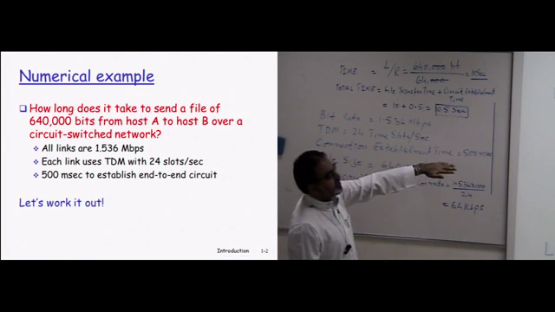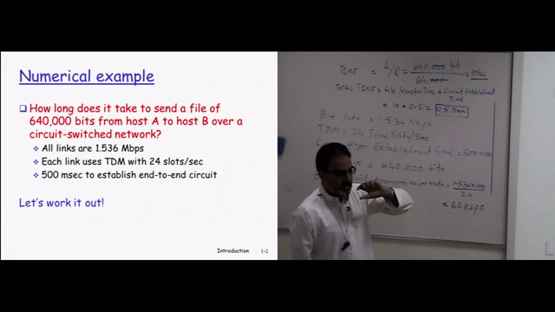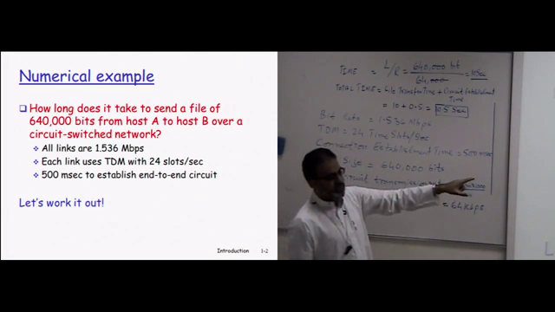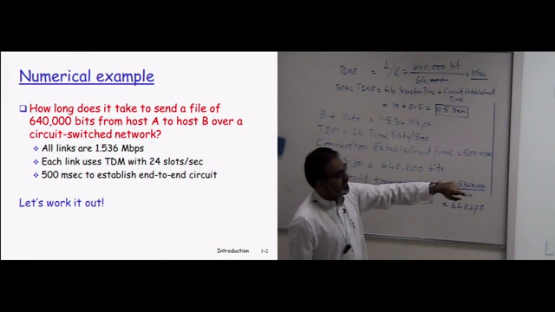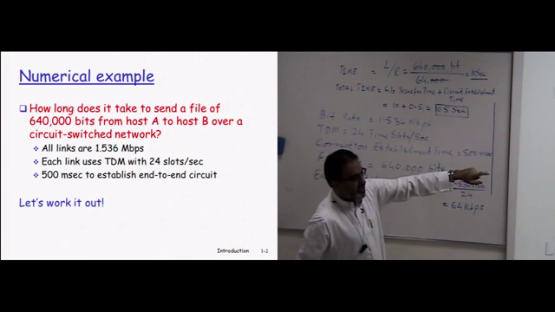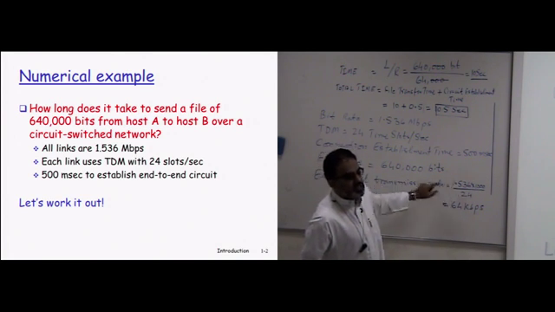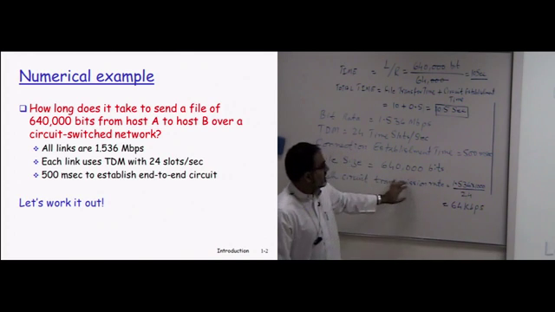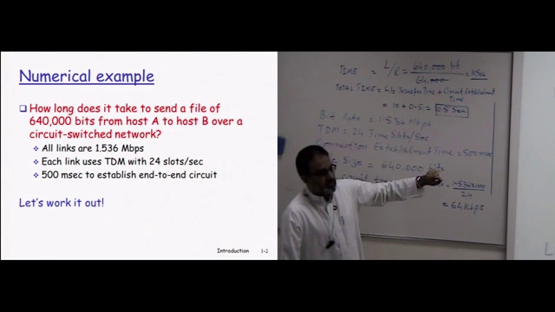First you convert it, because there are 24 time slots in 1 second. So you have to convert this data rate for the 24 time slots. Each circuit transmission rate you have to check, so you have to divide it by 24 time slots.